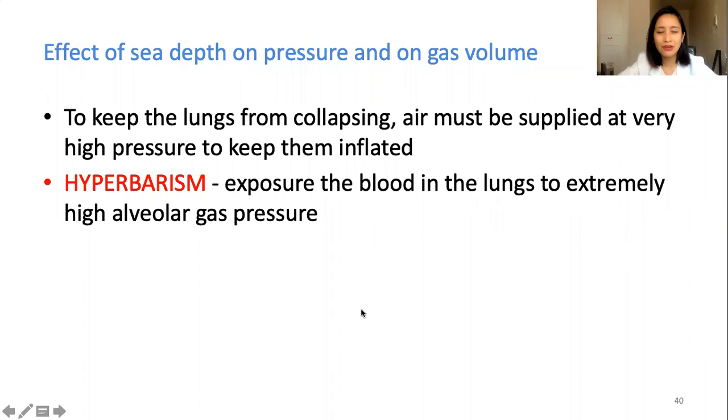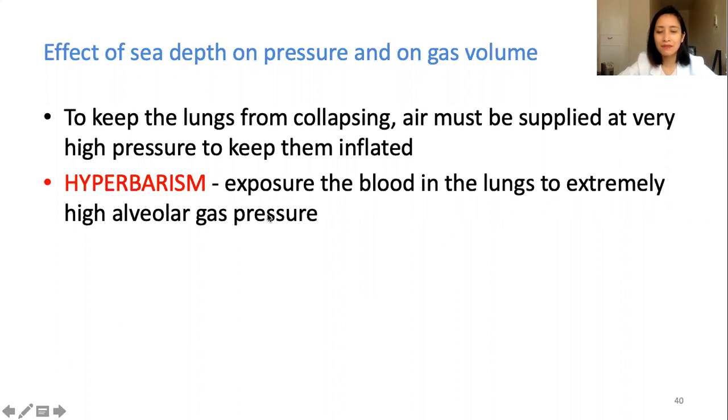So what are the effects of sea depth on pressure and on gas volume? Normally, to keep the lungs from collapsing, air must be supplied at very high pressure to keep them inflated. So if the pressure drops, your lungs can collapse.